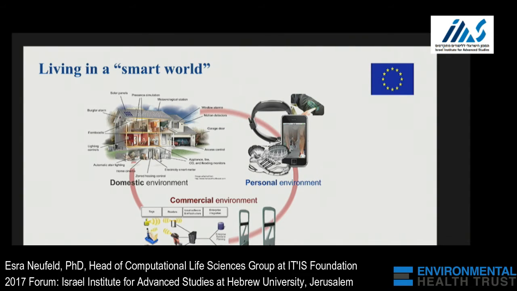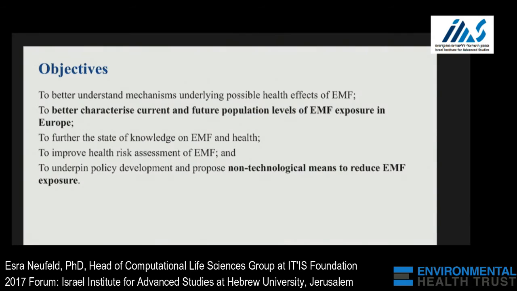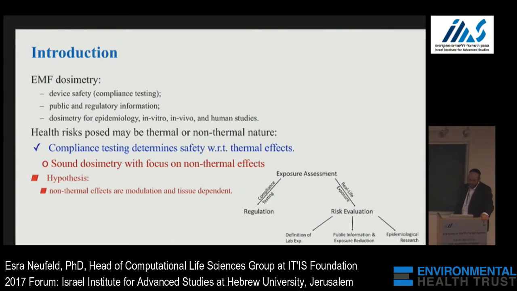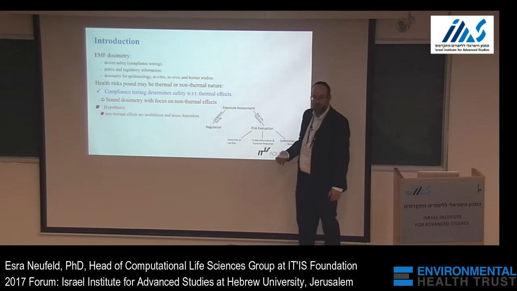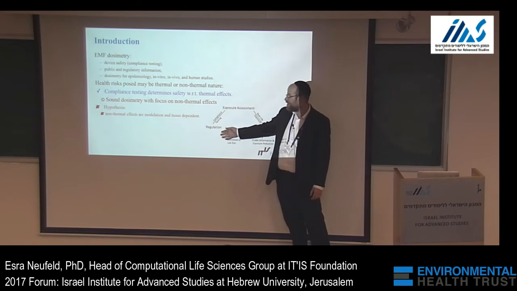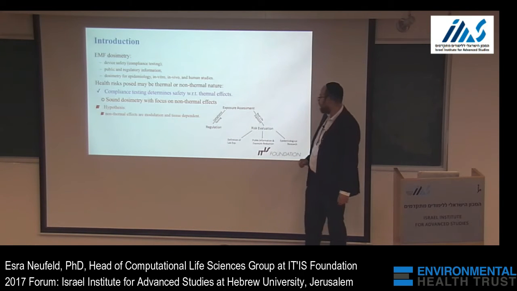So there's a smart world, so-called. There's all types of exposures that we get from different sources at the same time that have a completely different characterization, some of them new and poorly understood. And the objective is that, well, I can maybe start with this picture. What a lot has been done about, and what compliance is, it tests a certain quantity in order that you satisfy the regulatory concerns.